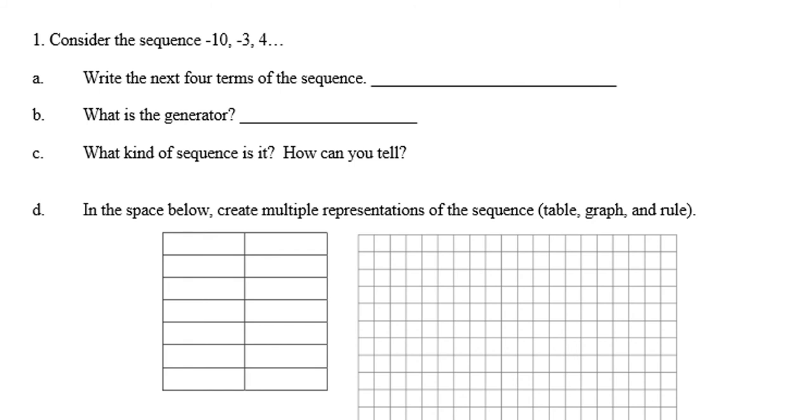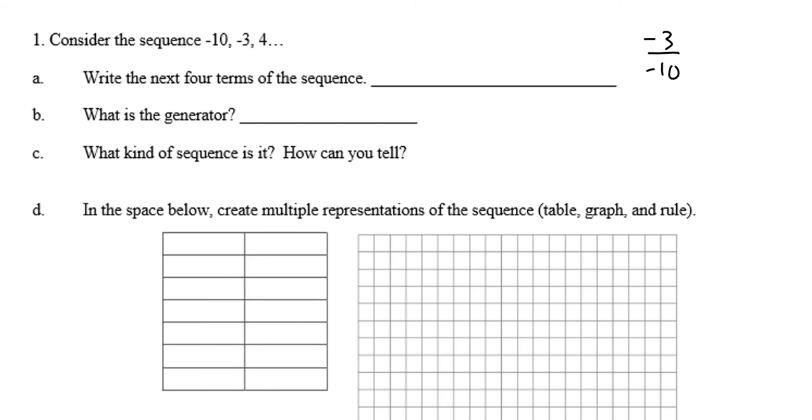So if I'm looking at this particular sequence, I do not have a common ratio, right? The ratio for any sequence is a term divided by the previous term. So for example, if this were a geometric sequence, I could look at -3 over -10.